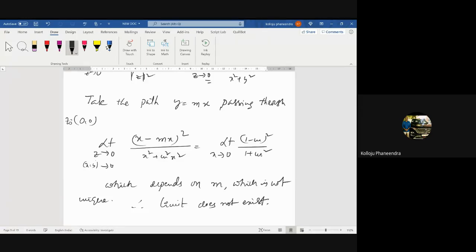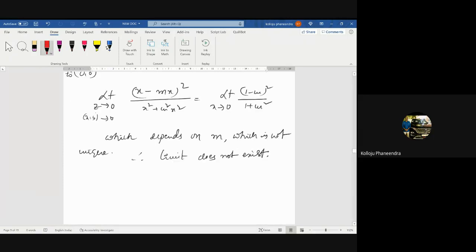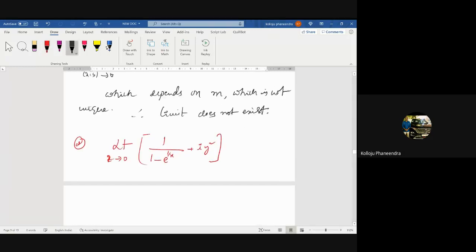This is one model problem. And another one: limit z tends to 0 of 1 by 1 minus e to the power of 1 by (x plus iy) square. Now the solution.